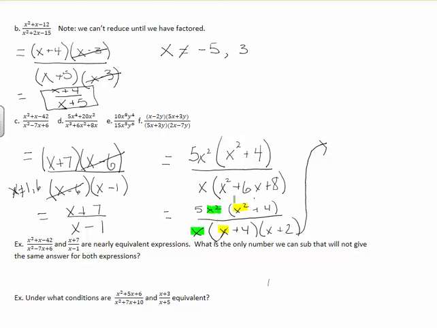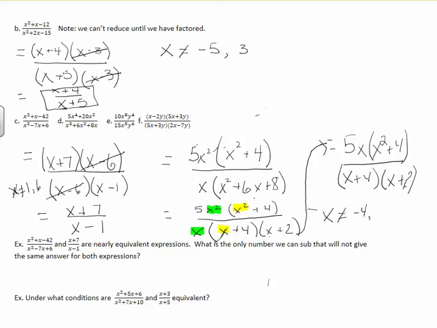Those can cancel out. Otherwise, everything else remains the same. So here I'll put up our answer: 5 with 1x, x squared plus 4, all over x plus 4, x plus 2. And then I'll state my restrictions now as well. x cannot be equal to -4, -2, or 0.